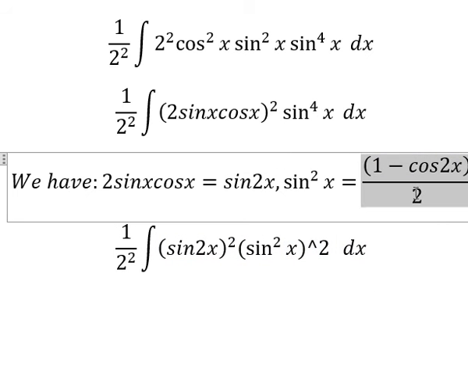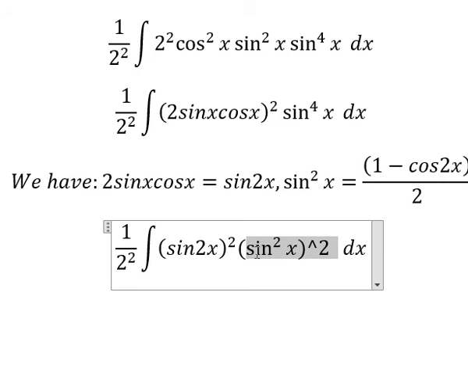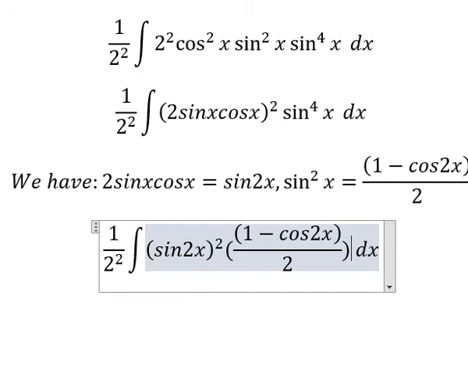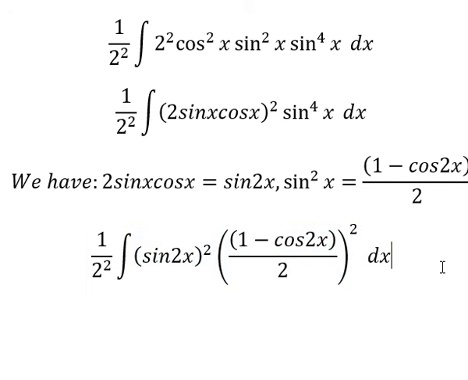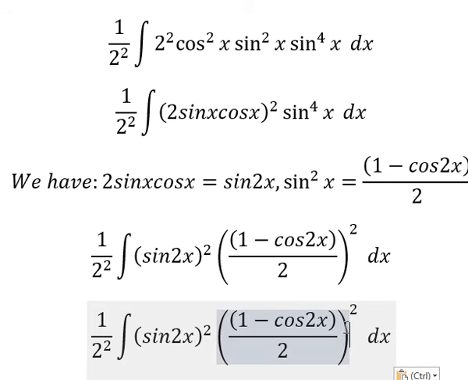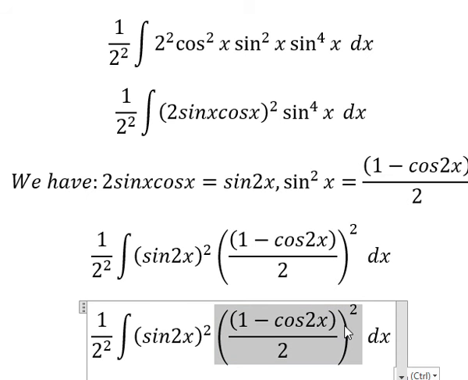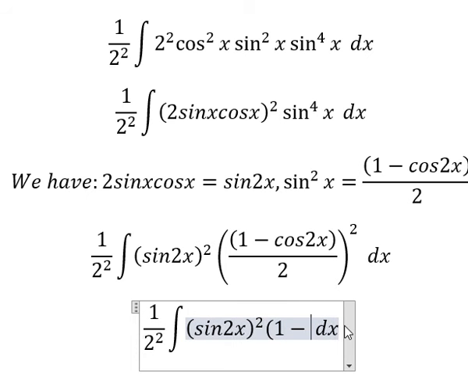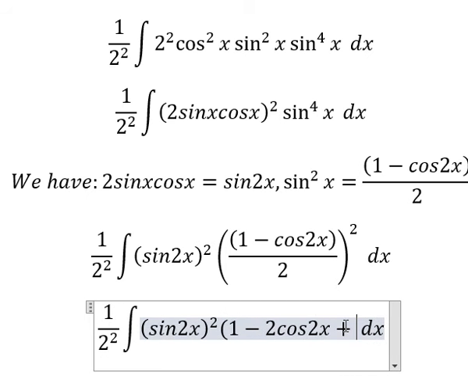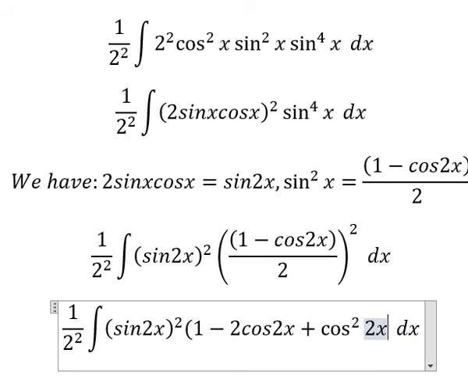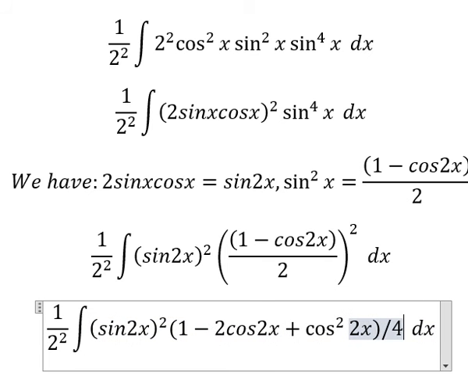So we put this one in here. Now we need to expand this one, and we have (1 minus 2 cosine 2s plus cosine^2 2s) over 4.